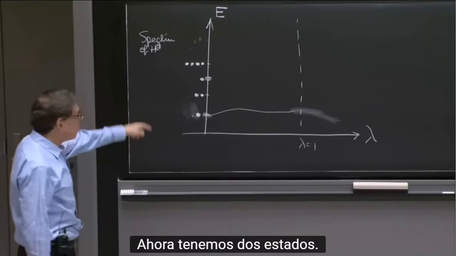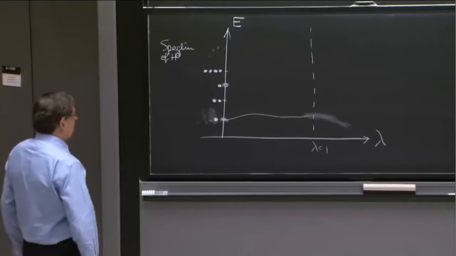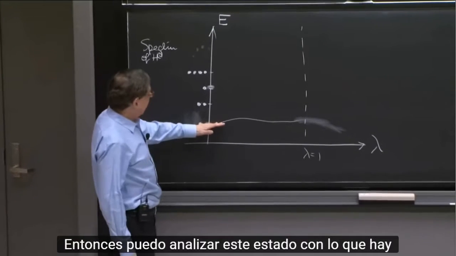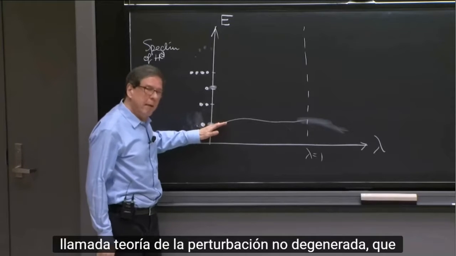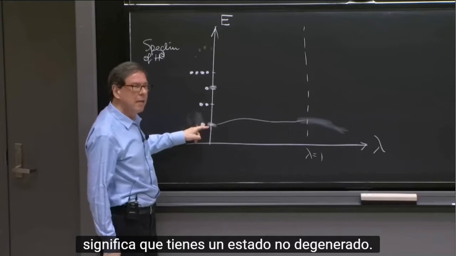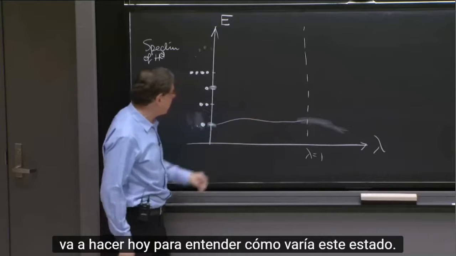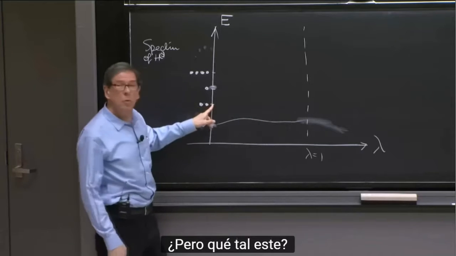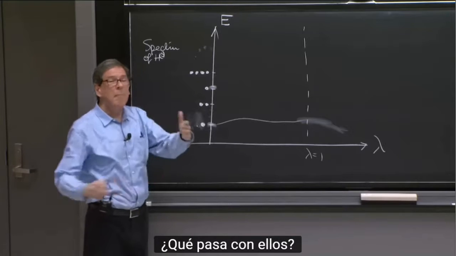Now we have two states. So I can analyze this state with what's called non-degenerate perturbation theory, which means you have a non-degenerate state, and there are techniques that we're going to do today to understand how this state varies. But how about this one? Here you have two states. What happens to them?